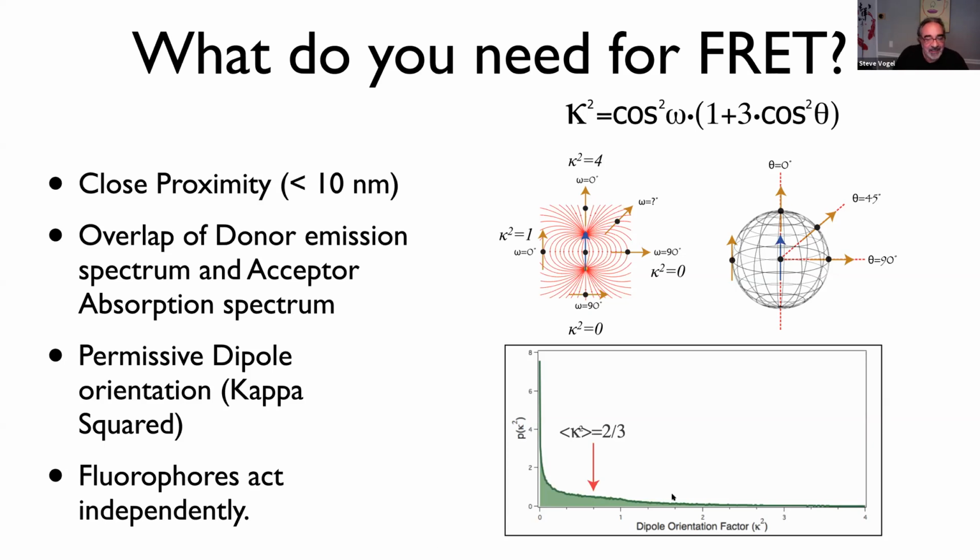And the reason 2/3 is assumed often is the idea that if these molecules are moving real fast relative to the lifetime of the donor, then it'll assume many orientations, and the average orientation will be indicative of 2/3.